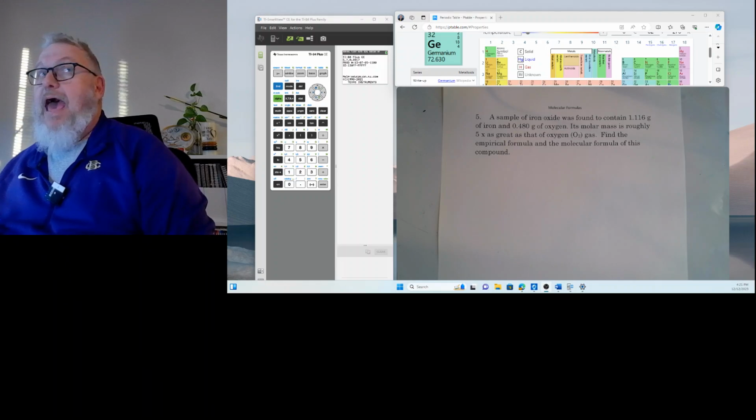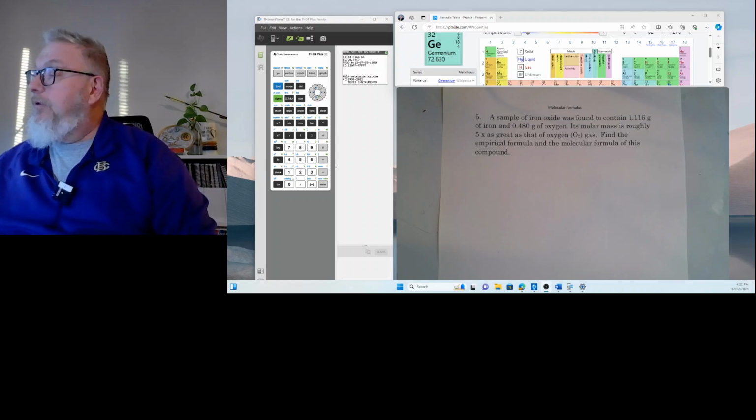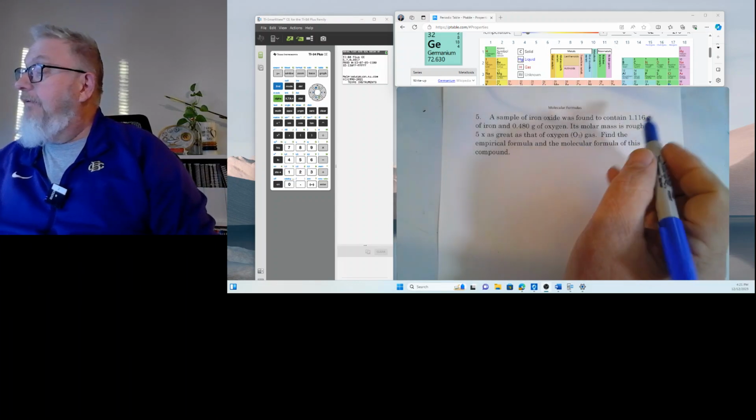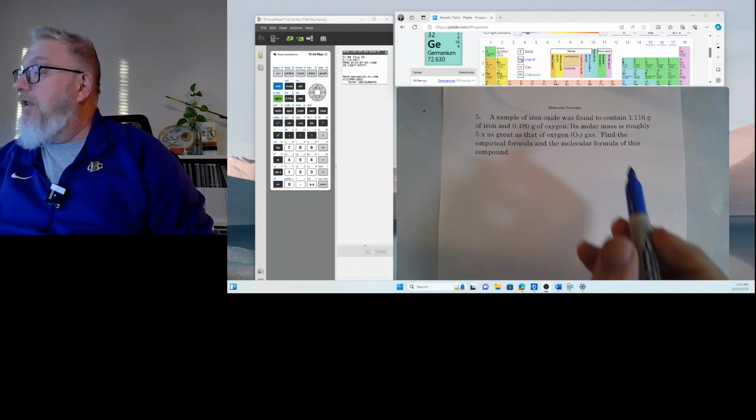Then we have to find the molar mass, the formula mass, of the empirical formula. Now, that's not necessarily the molecular formula mass. To get the molecular formula, we have to know the molar mass of the actual molecule.